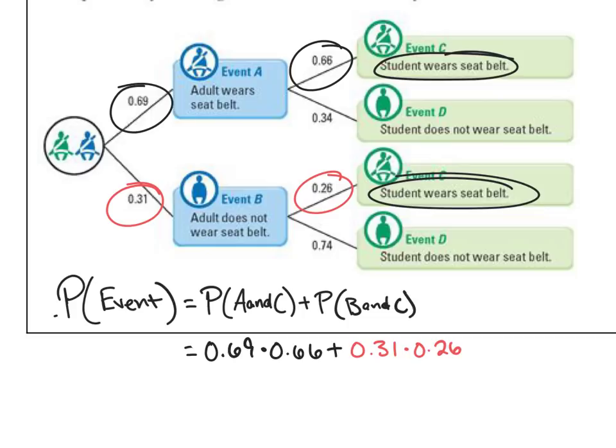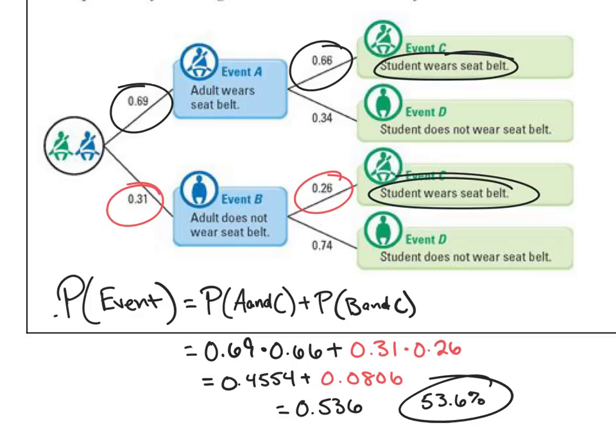So when we multiply those together, the first one is 0.4554, and the second one is 0.0806. So when you add them together, you get 0.536. So 53.6% of students wear seatbelts.